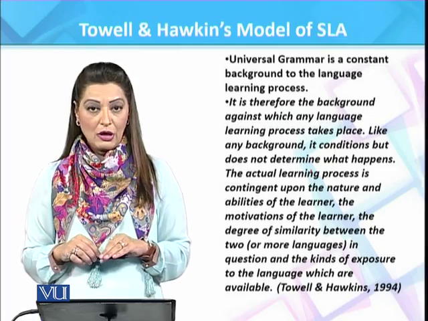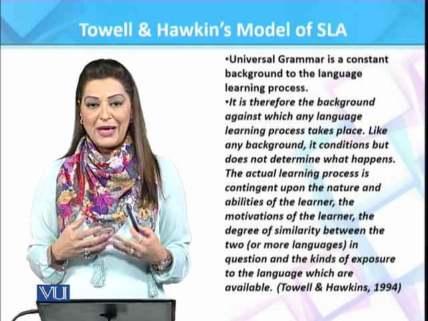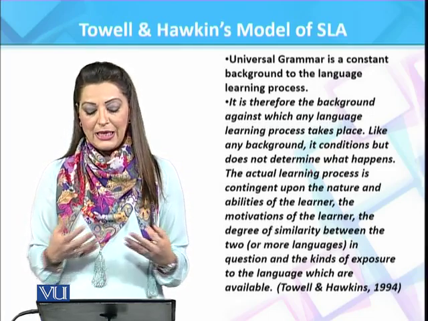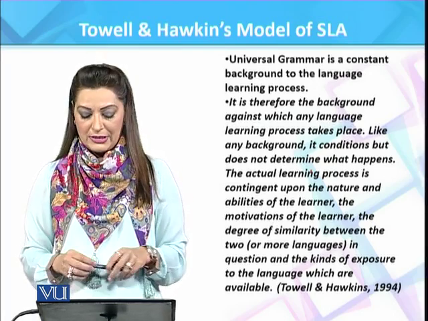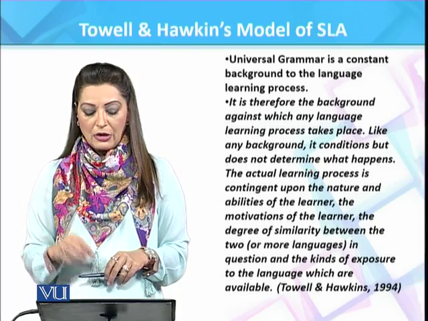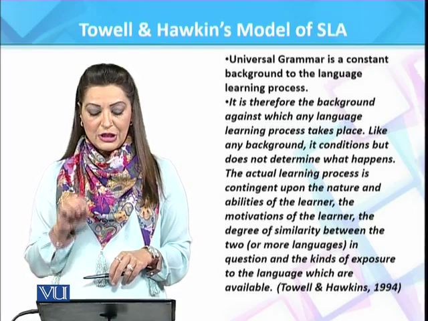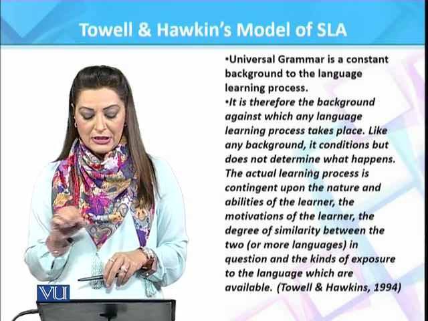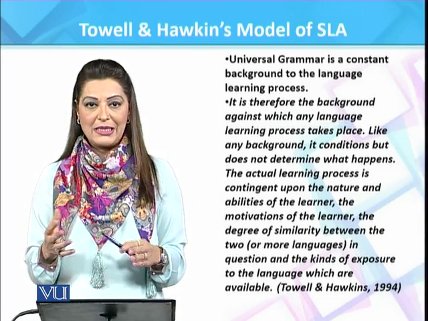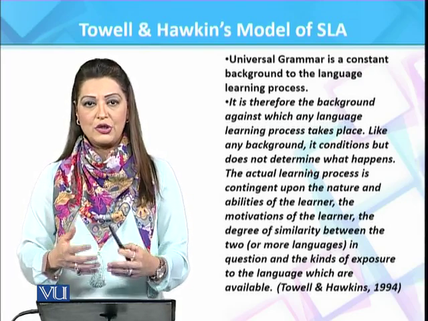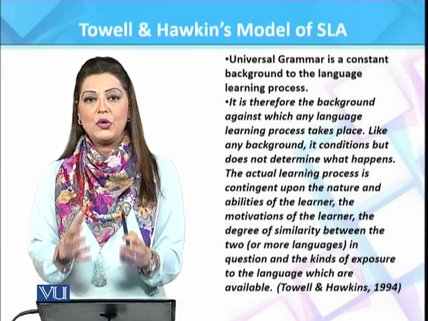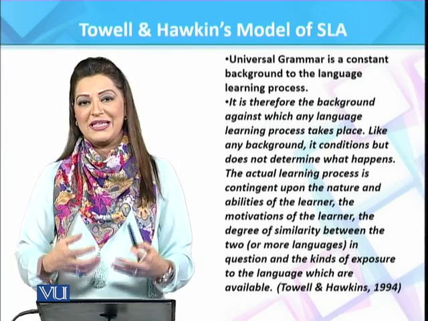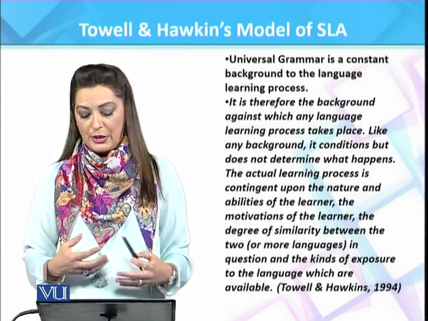Now Towle and Hawkins also believe that it is the background against which any language learning process takes place, and that background comes from the universal grammar. Now the universal grammar conditions but does not determine what happens. So basically what actually happens is not determined by universal grammar. It only provides the basic language or input.